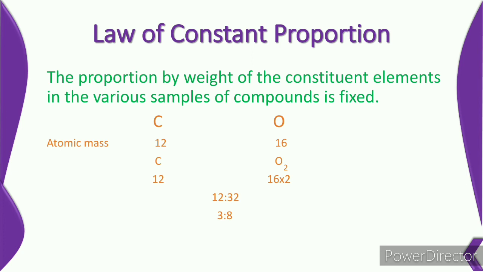If we take the first example again, hydrogen and oxygen are the reactants and water is the product. All of you know that atomic mass of hydrogen is 1 and atomic mass of oxygen is 16. Now, how many hydrogens are there in water? 2 hydrogens, because formula is H2O.